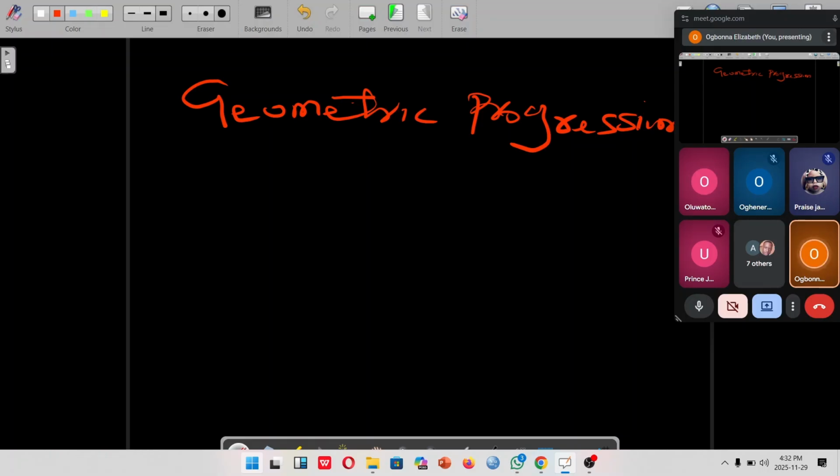So we can call it exponential sequence, geometric progression, or geometric sequence. They are still the same thing. When we find the ratio of, let's say, term 2 to term 3, or term 3 to term 5, or term 5 to term 10, and they give us the same constant, we say it is geometric progression.